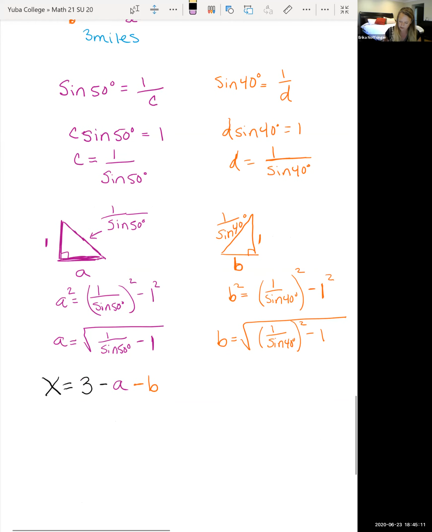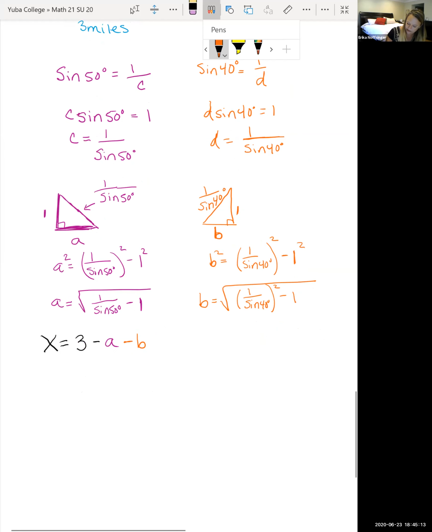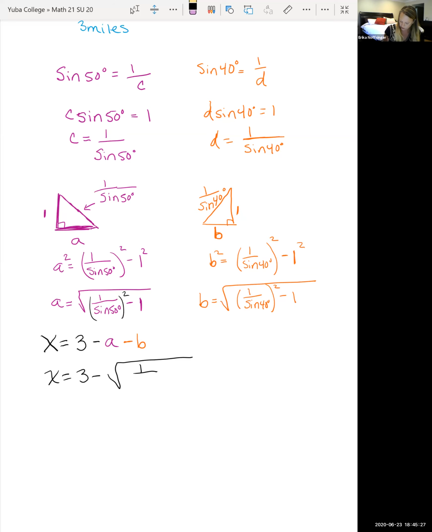So x is equal to 3 minus a, which we saw was the square root of 1 over sine of 50 quantity squared minus 1, and then minus this radical of 1 over sine of 40 quantity squared, for that fraction, minus 1.